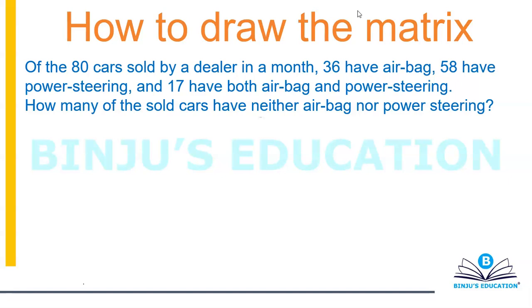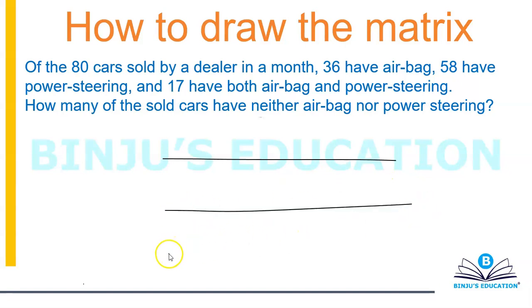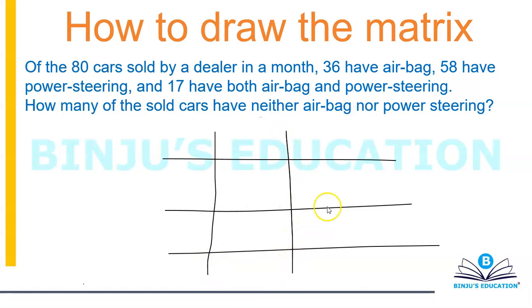I'm going to explain this example, and then from the next question, you'll be pausing the video and trying the question yourself. Okay. So let's get started. First of all, let me make the matrix for this one. So it's going to be 3 horizontal lines and 3 vertical lines.